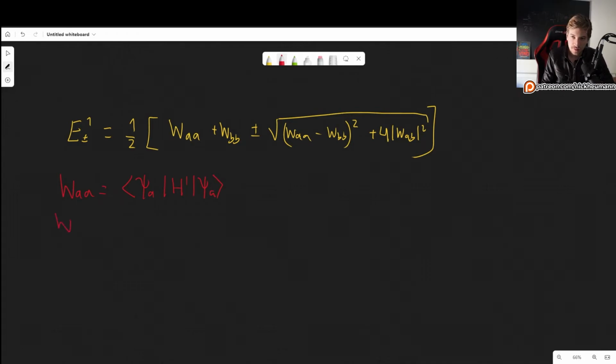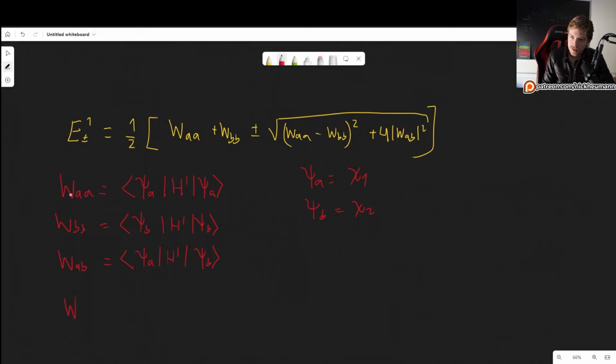Because WBB is psi B, H prime, psi B, and then we have WAB, which is psi A, H prime, psi B. So let's call psi A our state psi 1, and psi B our state psi 2.